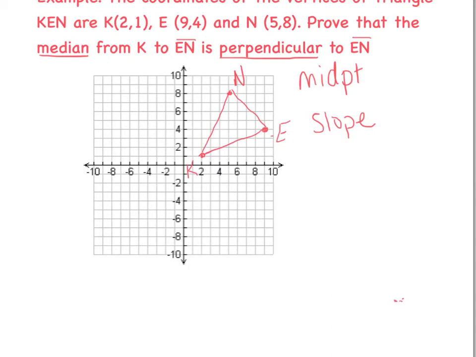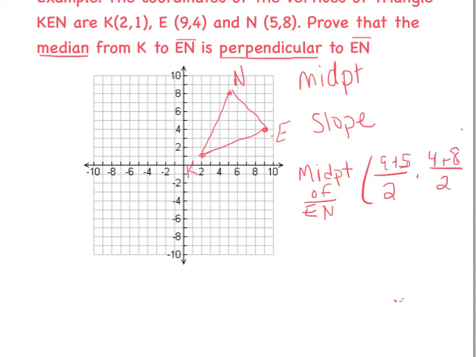First things first, and this is really up to you, you get to choose. I always start by finding the midpoint. So, midpoint of EN, and we get 9 plus 5 divided by 2, and 4 plus 8 divided by 2.